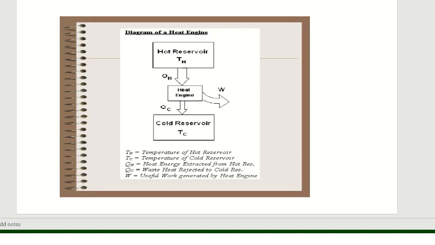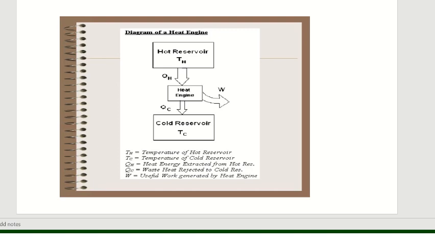Whenever the heat is given to the source, it is sent to the working substance, where the working substance absorbs the heat from the source and utilizes the heat and converts the heat into useful work, and the remaining heat it sends to the sink or rejects to the sink. This is how the heat engine works.